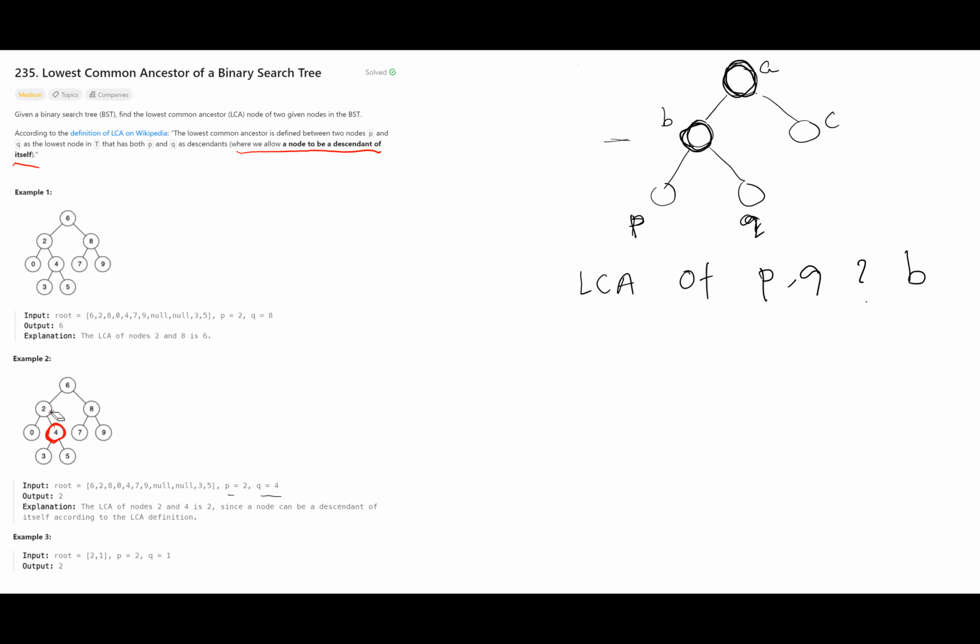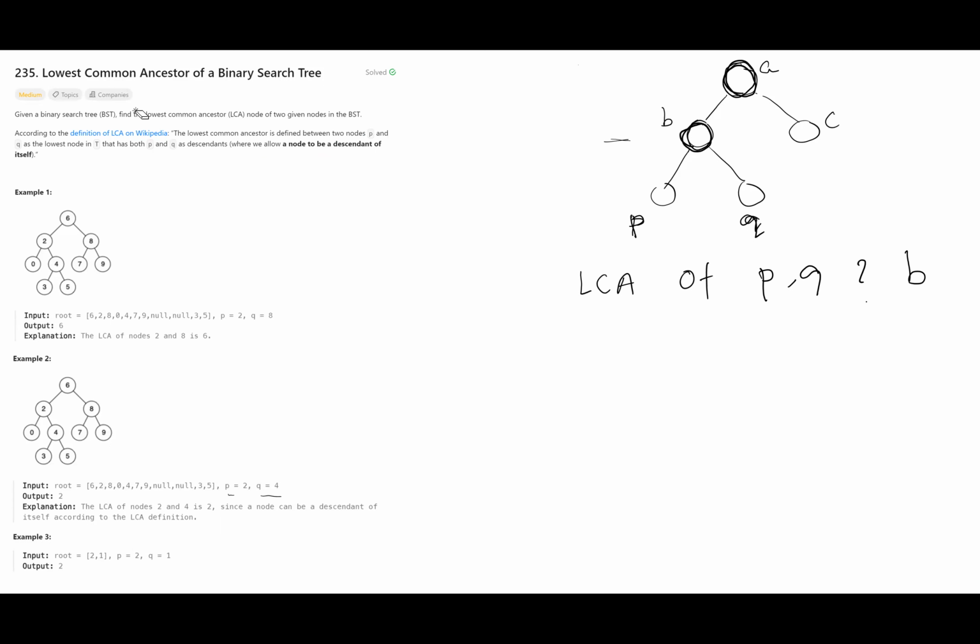In that case, can one of the nodes become the ancestor of both nodes? Yes, in that case your interviewer will clear it up that a node can be a descendant of itself.